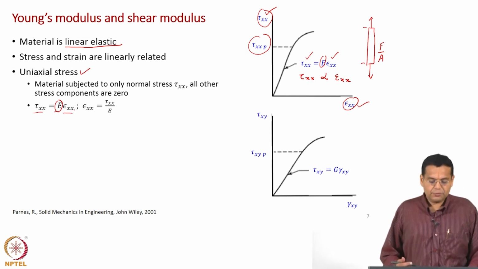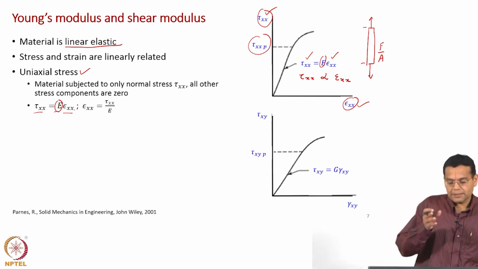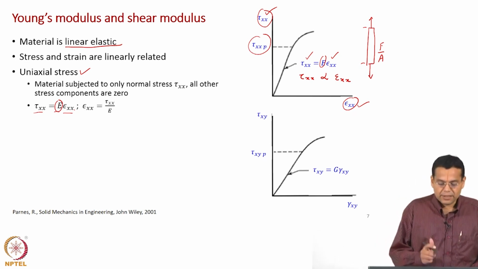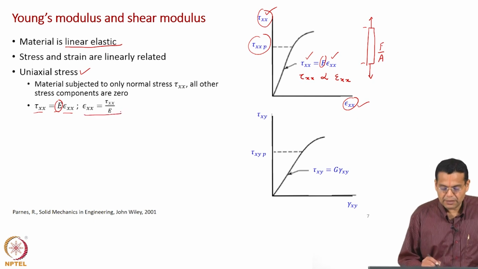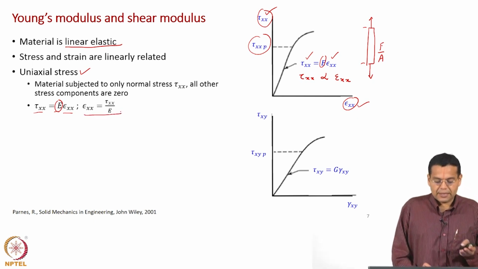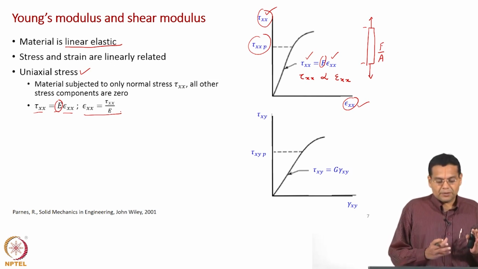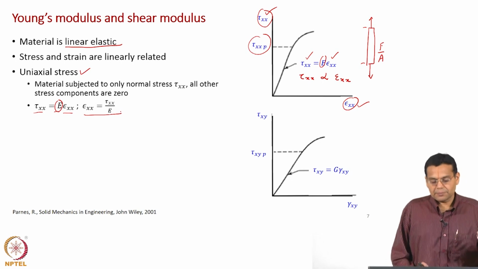As we proceed, we will express stress in terms of strain and strain in terms of stress. So we also express this relationship as epsilon xx is equal to tau xx by E. First is tau xx proportional to epsilon xx, and the proportionality constant is Young's modulus.